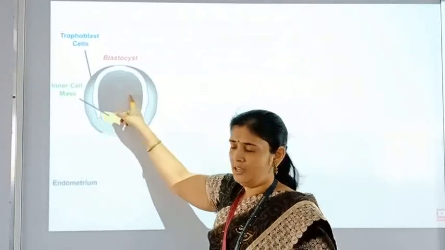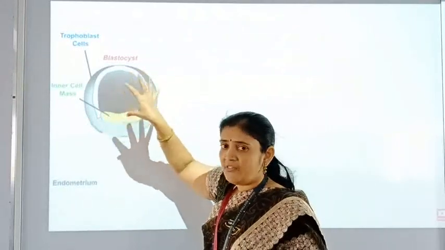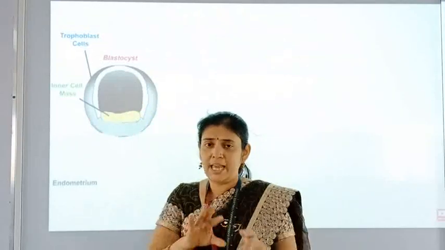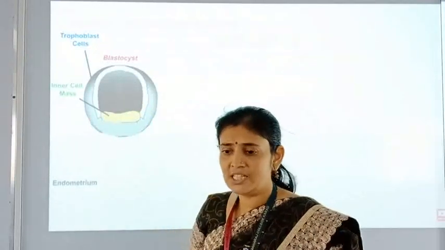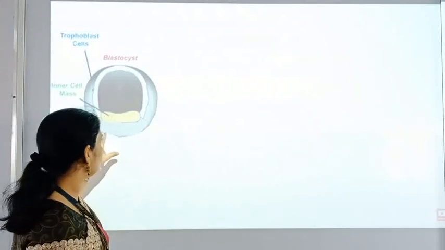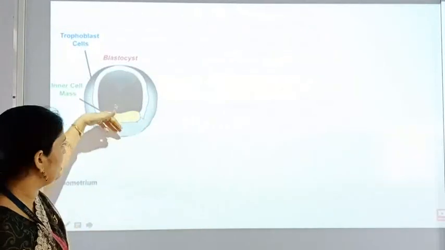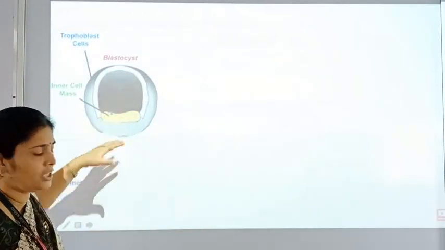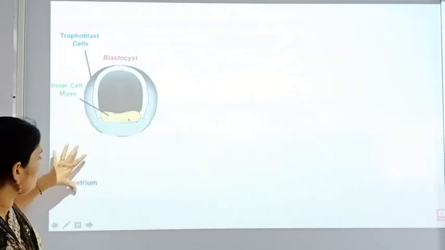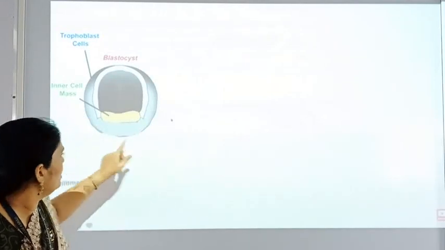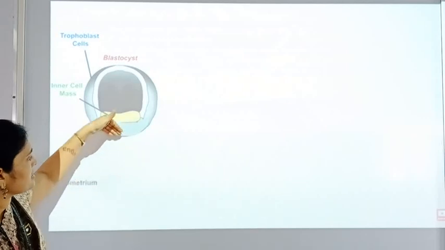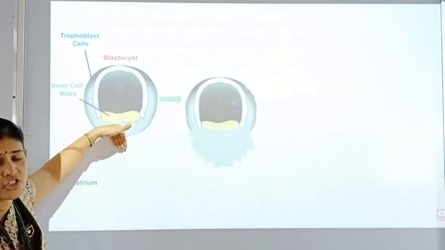During the formation of this blastocyst, the implantation process is carried out simultaneously. Here the blastula is getting implanted into the endometrial wall, starting the implantation process.